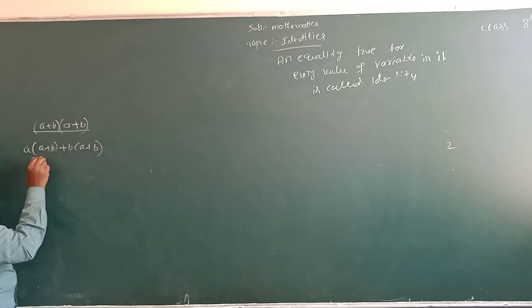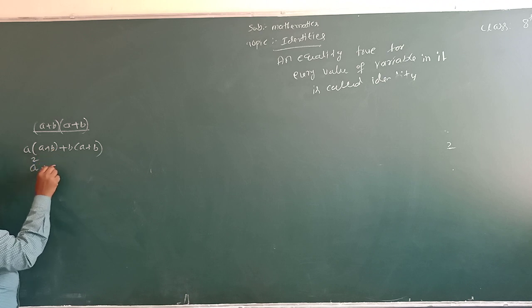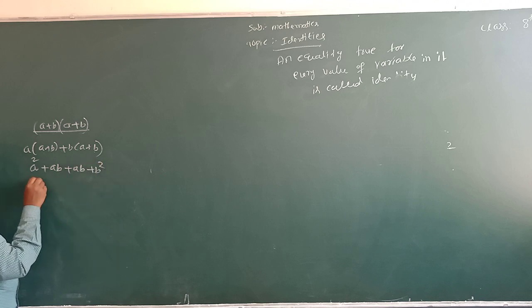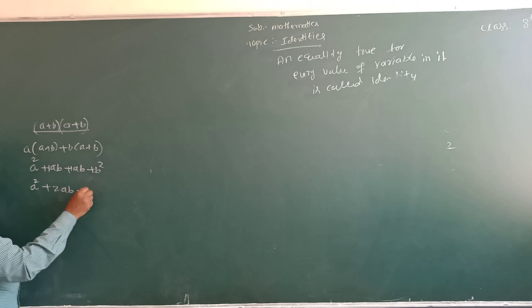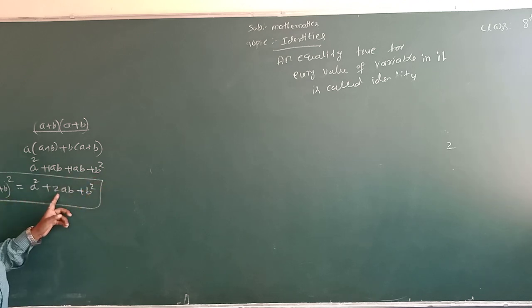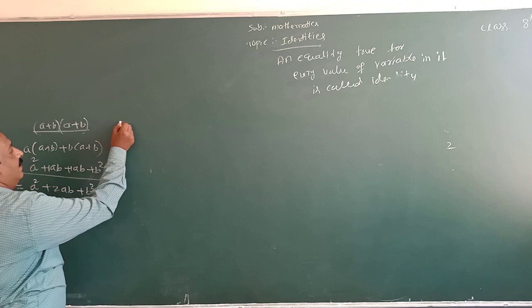A into a is a square, a into b is ab, a into b is ab, b into b is b square. A square, 1ab plus 1ab is 2ab, plus b square. So, the expansion of (a + b) whole square is equal to a square plus 2ab plus b square.